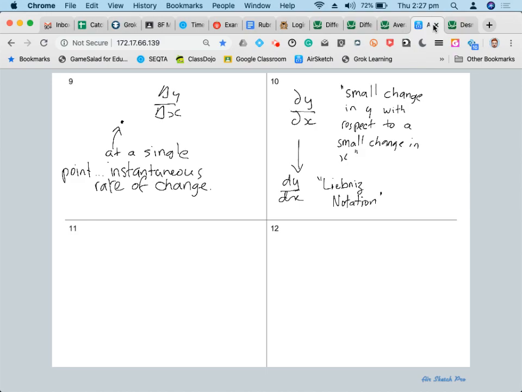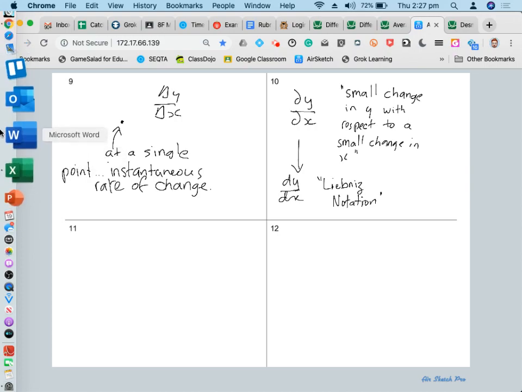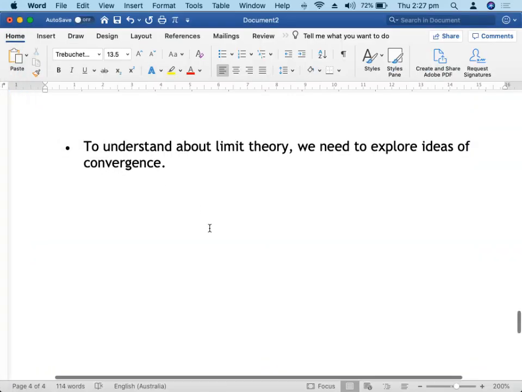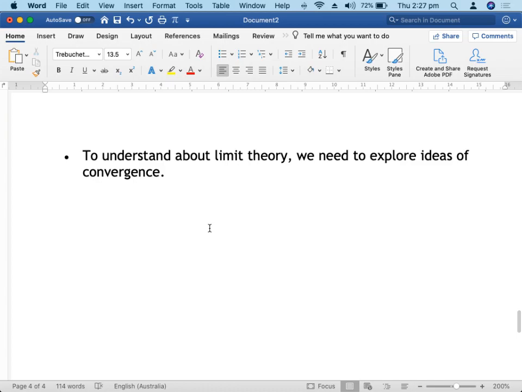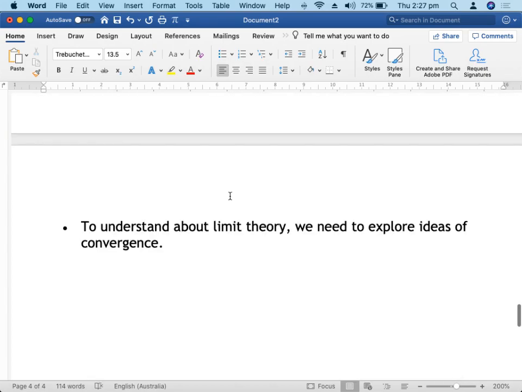Okay, so let's answer Ambrosia's question in stages, but we're up to step 4 now. Let's revisit where we've got so far. What we're doing is trying to figure out instantaneous rate of change. If I go back to my Word document, in order to work out instantaneous rate of change, we've covered limit theory and the idea of convergence.